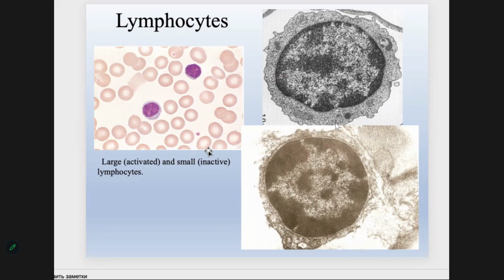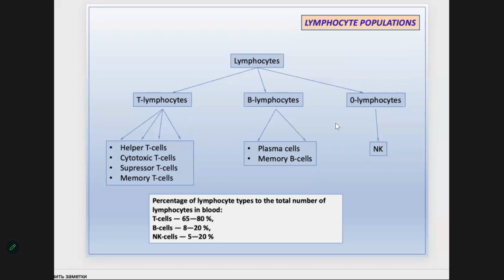Also we can distinguish middle lymphocytes in normal condition. One more classification of lymphocytes is according to their functions and place of origin. According to their place of origin and function, all lymphocytes are subdivided into T lymphocytes, B lymphocytes, and 0 lymphocytes.